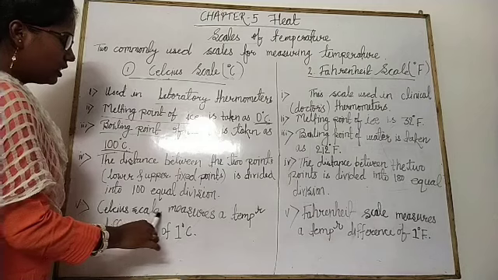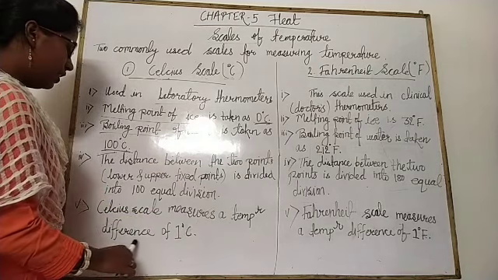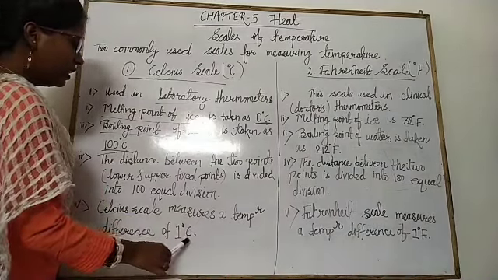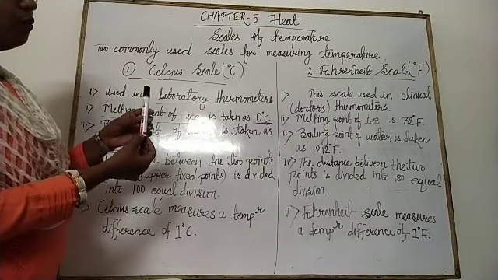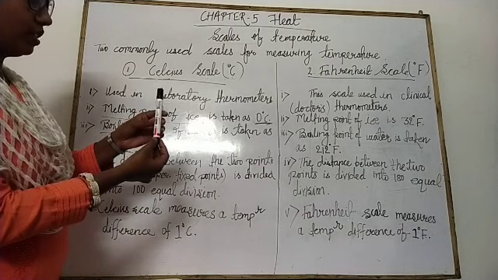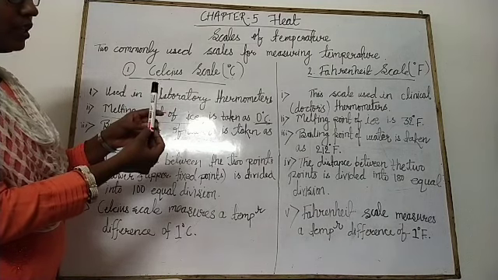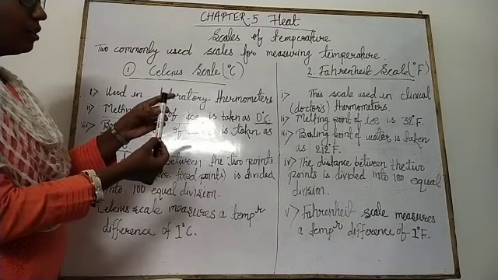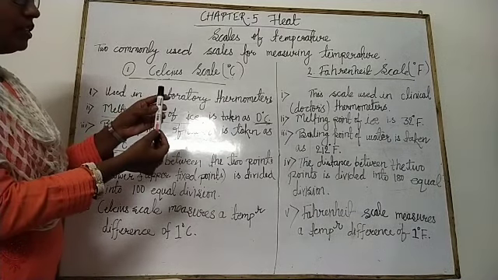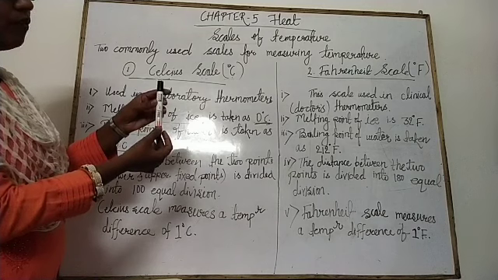The Celsius scale measures a temperature difference of 1 degree Celsius, that means the difference between two consecutive temperatures. Like we measure 1 degree Celsius and then 2 degree Celsius, the difference is 1 degree.